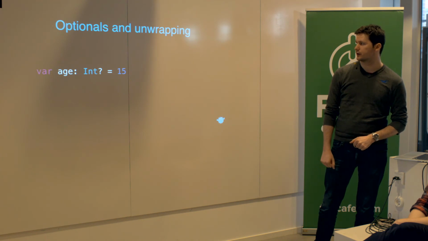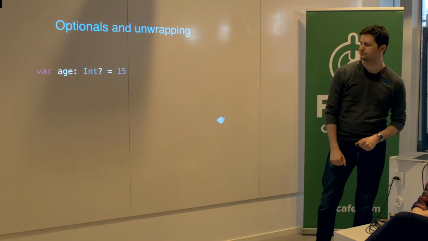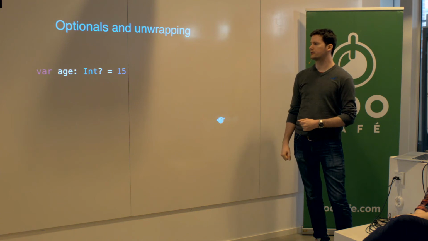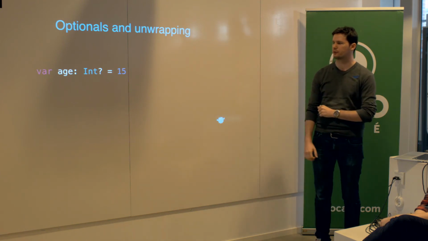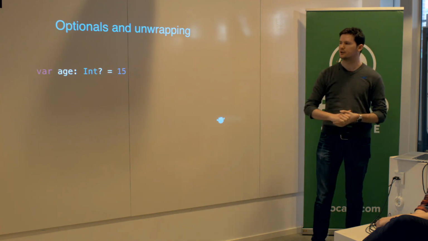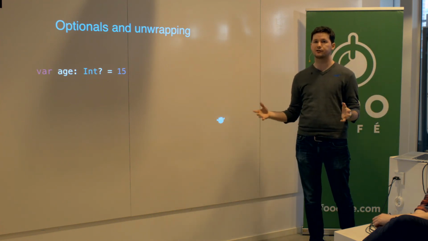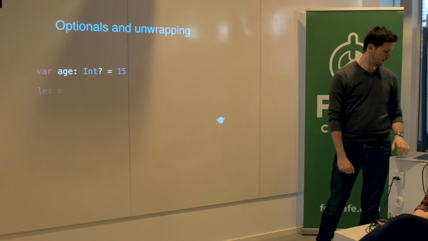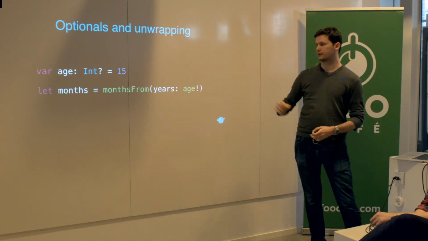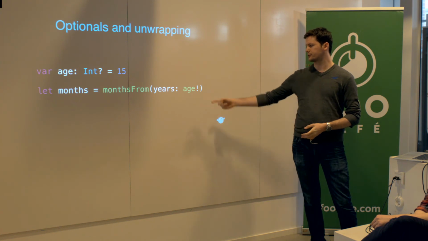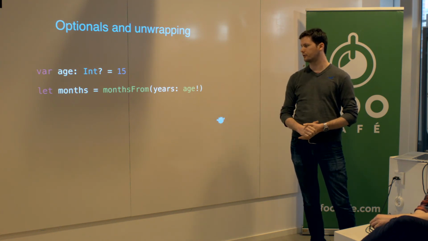So let's take a look at unwrapping again. Let's say we have an optional. We want to have this as an optional, but we want to assign it a default value because at some point later we might set it to nil. In that case, we can use this question mark there. And when we use it, you just use the exclamation mark to unwrap it.